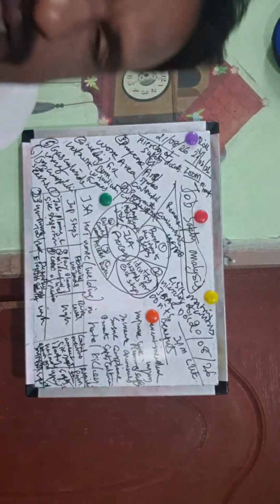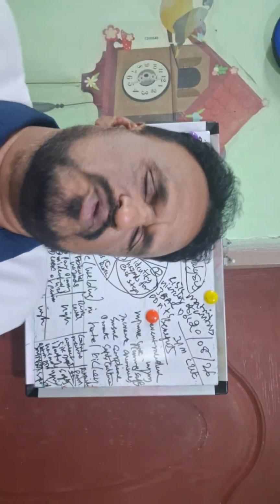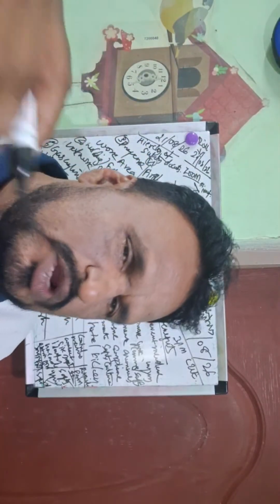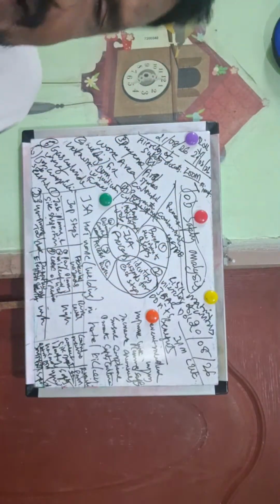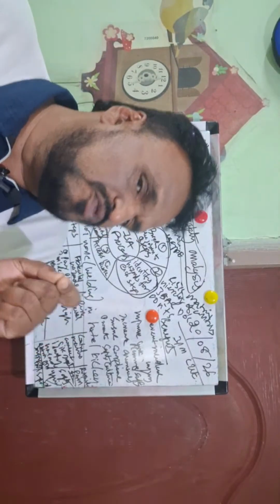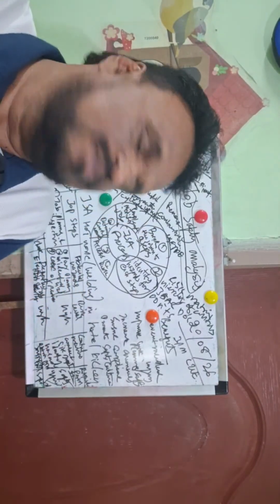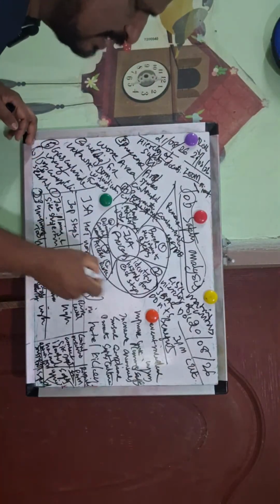First, break the job into steps: first step, second step, third step, fourth step, like that. Second, identify the hazards for each step. Then you have to assess the risk for each step.